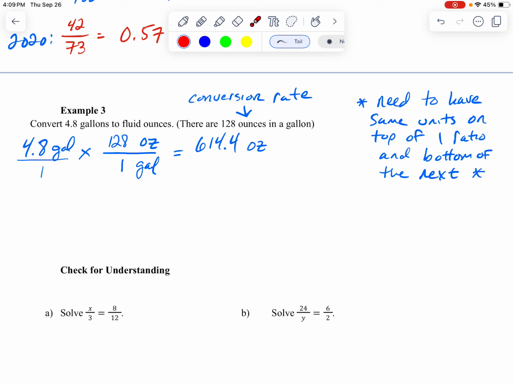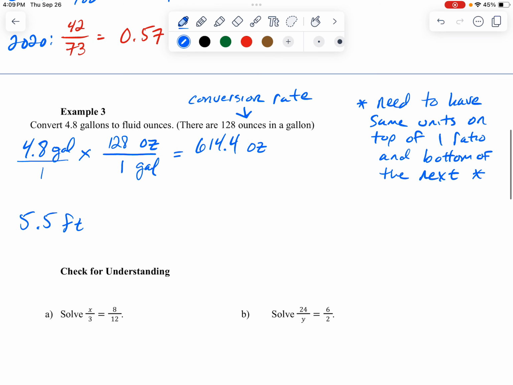So again, I want to show you a little bit further example because we can do this with units on the top and the bottom, and we are going to have to change both. Or we can do this where we have more than one step. For example, let's say I wanted to change 5.5 feet into centimeters.